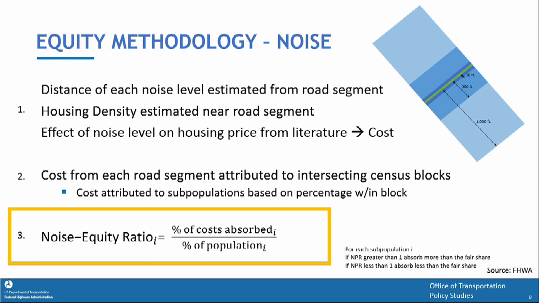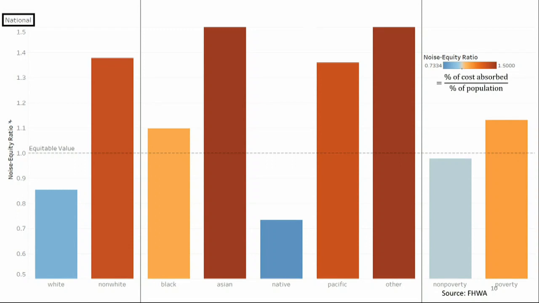Crucially, if this number is greater than 1, then that demographic's absorbing more than what we could call the fair share. They're absorbing more noise cost than their share of the population. Less than 1, the reverse. So if you can imagine the entire population was randomly distributed through the whole country, with no patterns, then this ratio would be 1 for all demographics. But as we see, that's not the case.